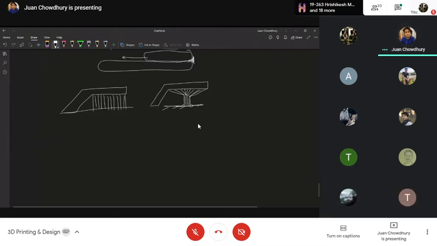Right? Okay, so as you can see, with the variation of support structure, the time taken to build this object will come down if we generate support structures in an optimum way. So a lot of algorithms are put in place. You can try out and build your own algorithm.